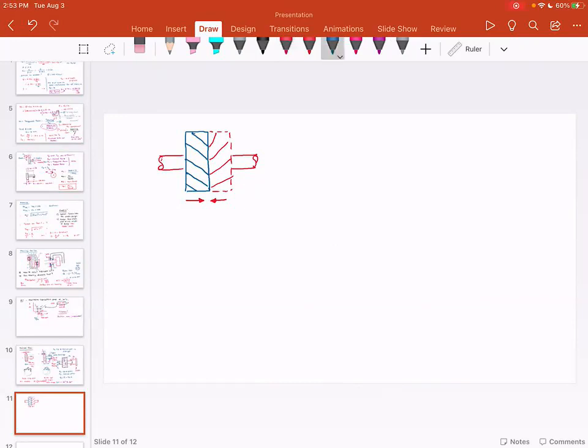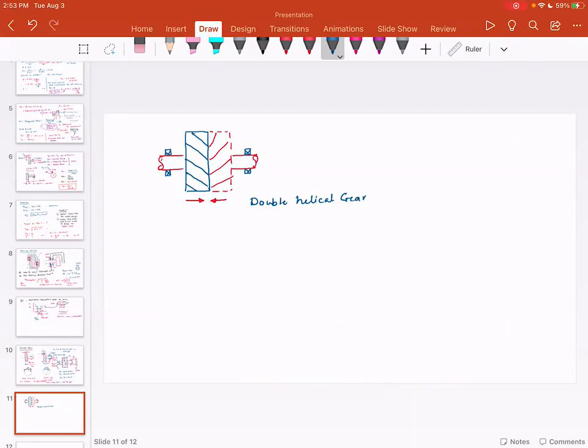So this is called the double helical gear. And if you have a double helical gear, then you can just use a thrust or a simple ball bearing and it should be fine.